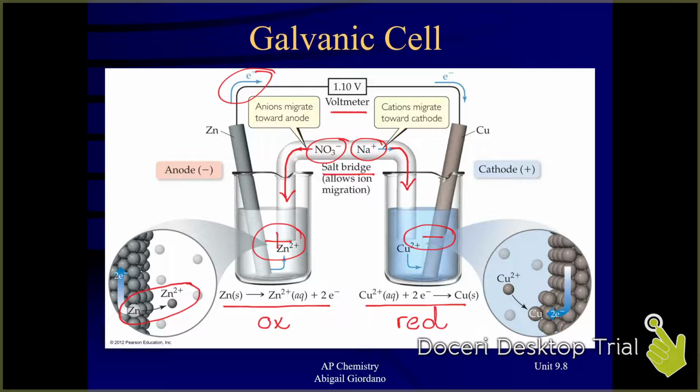It's losing mass over time. If we measured the mass of that zinc electrode at the beginning of time, ran the galvanic cell for 2 hours, came back and massed the zinc electrode again, it would be lighter. The mass would have decreased, because those atoms are being converted into zinc ions.